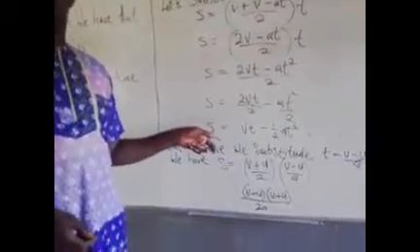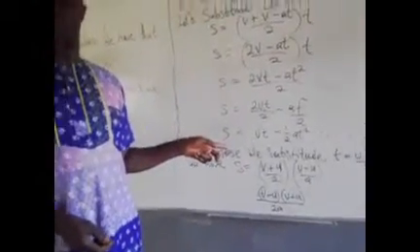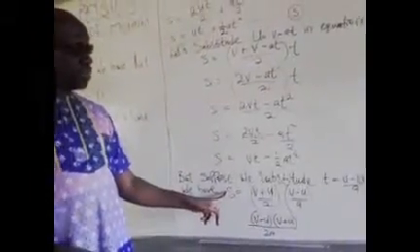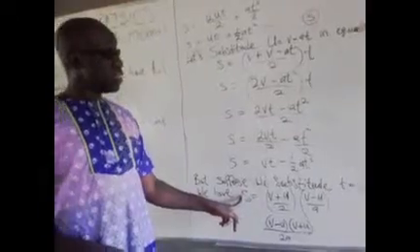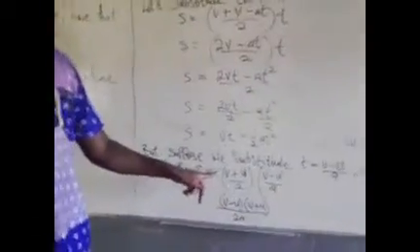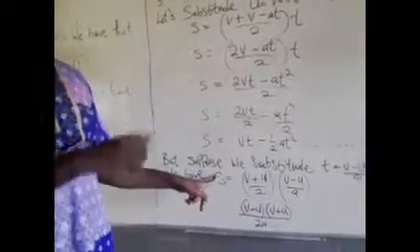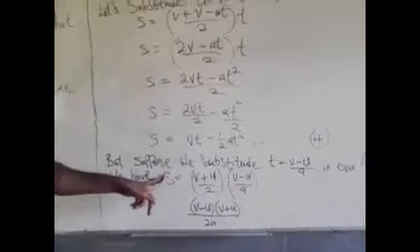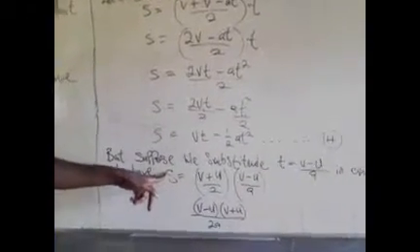So we can substitute it in the second equation of motion to have S equal to, you open bracket, V plus U all over 2, you close bracket, open another bracket, V minus U all over A, meaning average velocity times time.